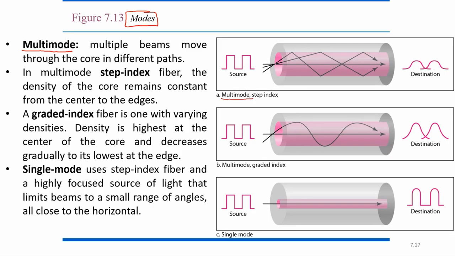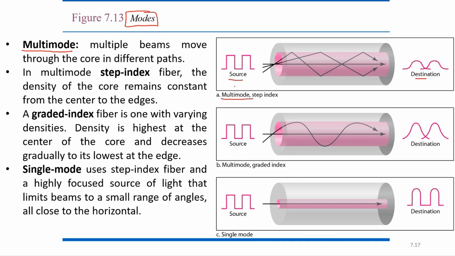Multi-mode means more than one signal can be transmitted. One is through the middle of the core, then there is another signal, then this one. So there are a total of three signals being transmitted at the same time. Here it is the source and this is the destination. At the destination, all the signals will be received.